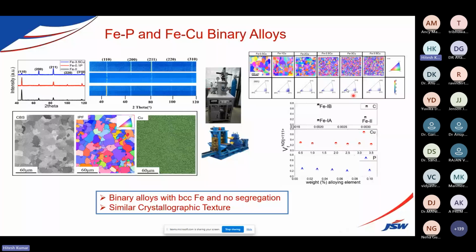The volume fraction of ND parallel to 111 is also more or less the same in the phosphorus as well as the copper materials. Mostly, copper and phosphorus additions form some nano precipitates at the grain boundaries, so we tried to find out the formation of nano precipitates with the help of SEM and TEM.